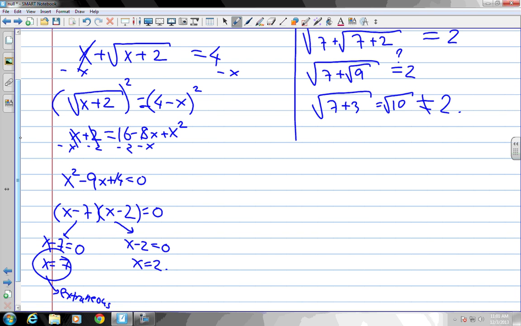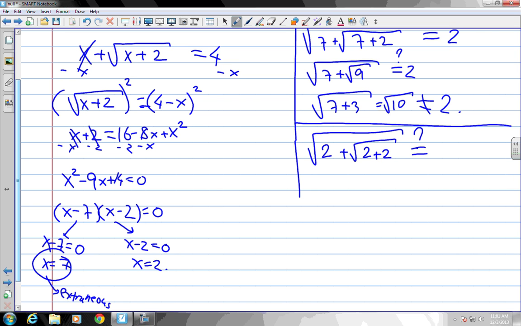Doesn't mean that x equals 2 works, so I really have to check both of them very carefully. If I take 2 back into the original problem, 2 plus the square root of 2 plus 2, will that equal 2? That seems to be working. If I follow the order of operations, this is the square root of 2 plus the square root of 4.